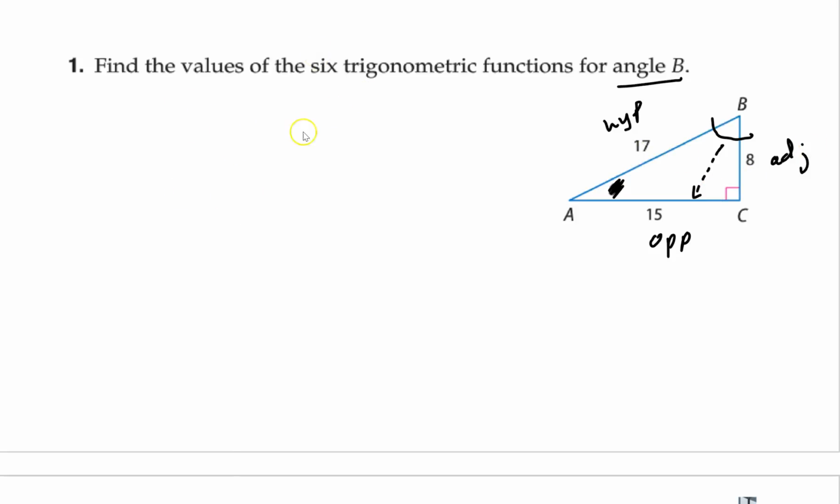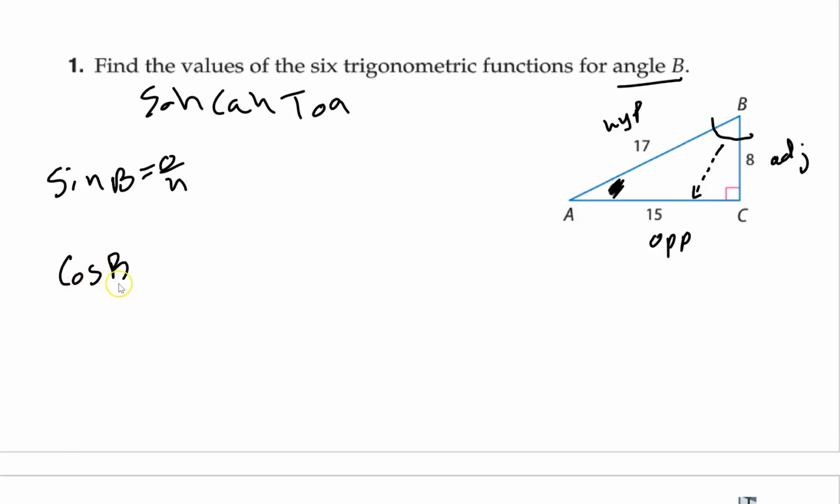Now I'm going to do the first 3 trig functions first. So I'm going to go SOHCAHTOA. As long as you know how to spell this, you're good. Sine of B is opposite over hypotenuse. Cosine of B is going to be adjacent over hypotenuse. Tan of B is going to be TOA, opposite over adjacent.